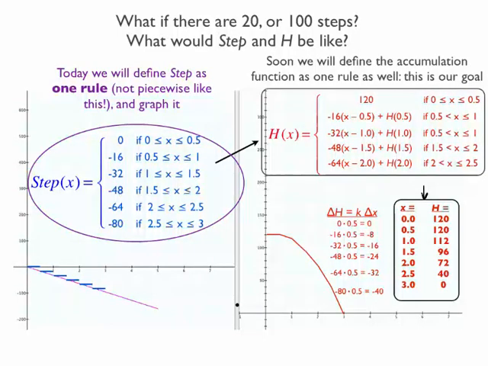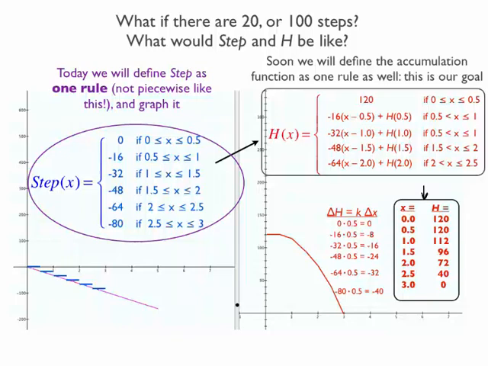And then soon, Thursday, we're going to define this as one rule as well, the accumulation function. This is our goal. Okay, so if we want this to be accurate, that's going to mean lots of lines in the accumulation function. We don't want that. So we want just this accumulation function to be one line, one formula. Okay, so that if we make the number of steps large or make the delta x small, we get something really accurate.